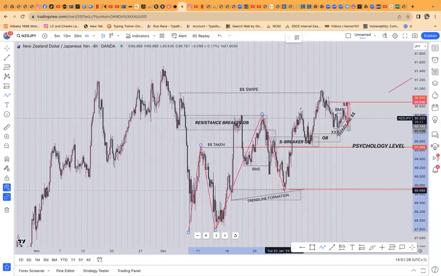Now price has taken this high. That is one thing we should observe. Price has taken that high, and now price is coming back here. You can see how price is doing. So I'm expecting price to take out this one also. But me, I put my easy TP here.